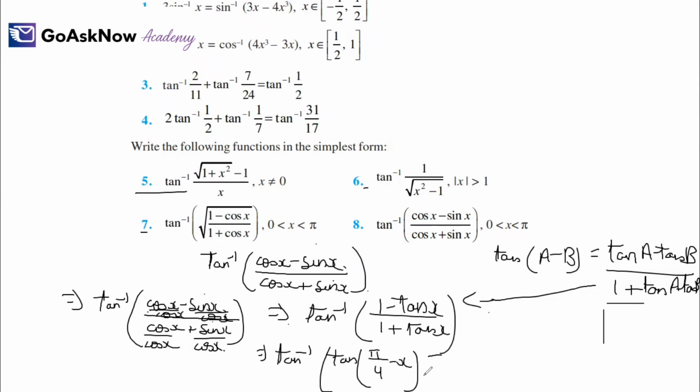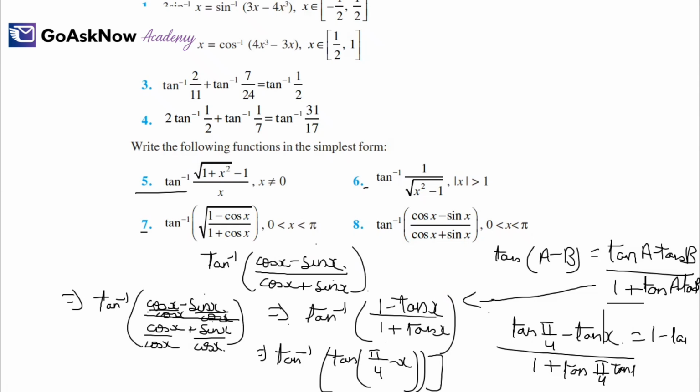Why is it so? Because if you expand this, you will get tan pi by 4 minus tan x upon 1 plus tan pi by 4 into tan x. This simplifies to 1 minus tan x upon 1 plus tan x, because tan pi by 4 is 1. That is why the relation comes like this.